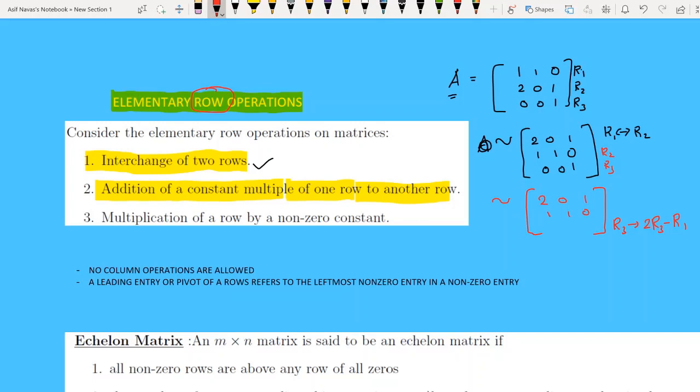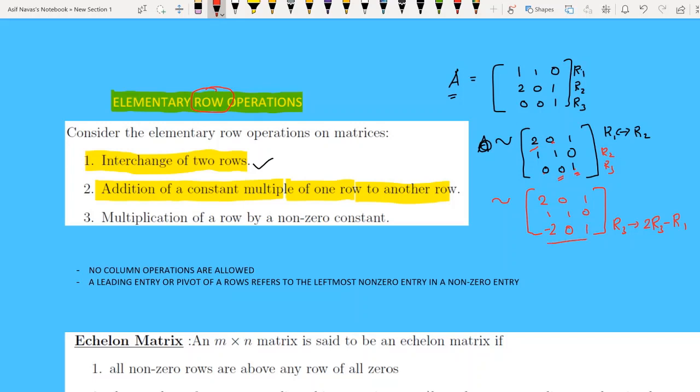So here the first term is 0 into 2, 0 minus 2, so that you will get minus 2. Then 0 into 2 minus 0, so that is 0. 1 into 2 minus 1, that is equal to 1.